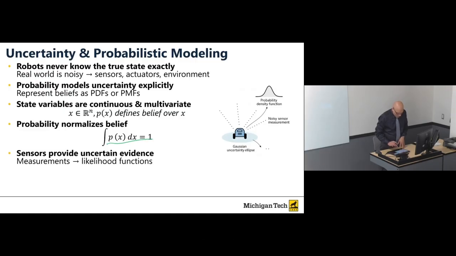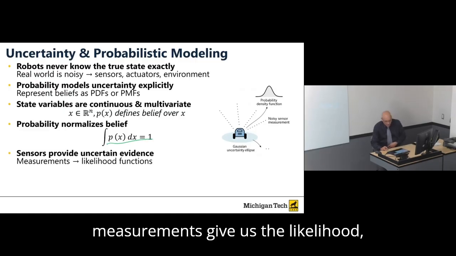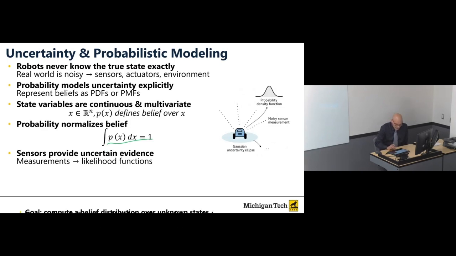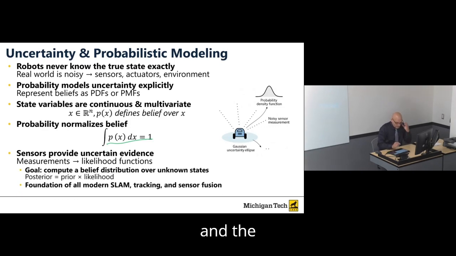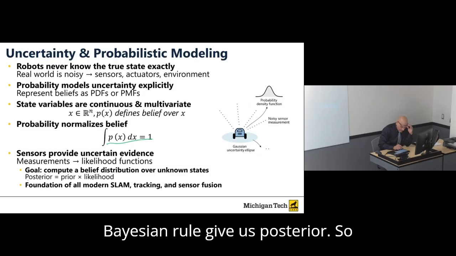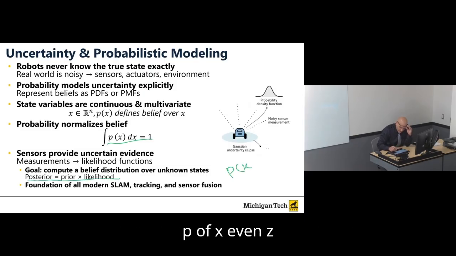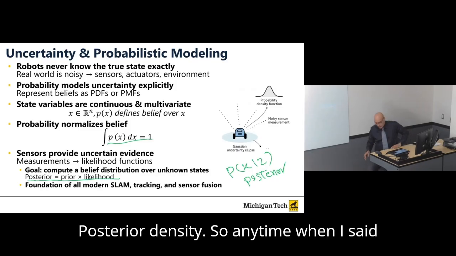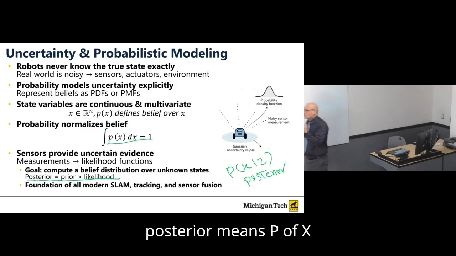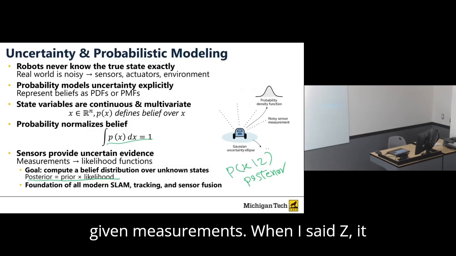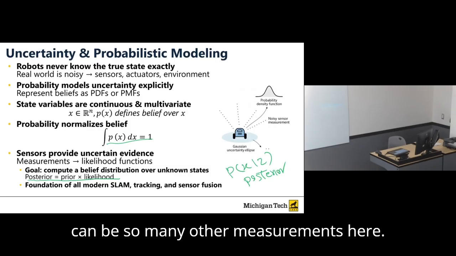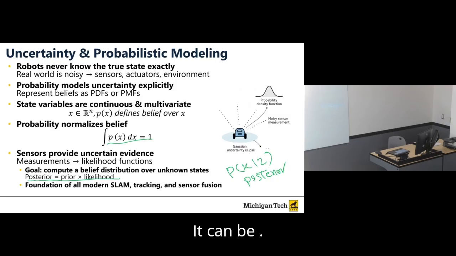And measurements give us the likelihood, and the Bayesian rule gives us the posterior. So P of x given z is called the posterior density. Anytime I say posterior, it means P of x given measurements. When I say z, it can be many measurements, and they can be fused together.